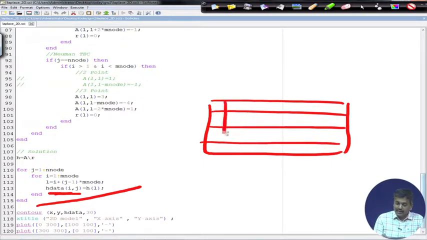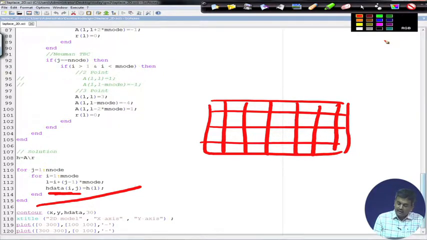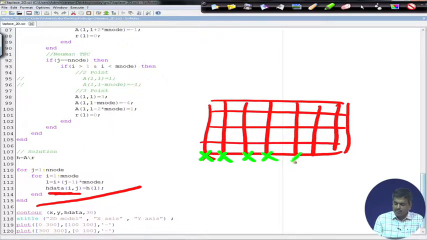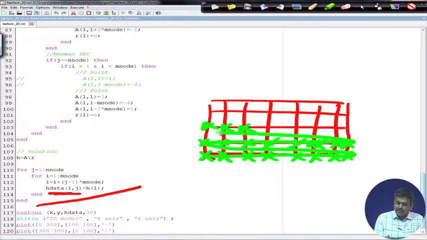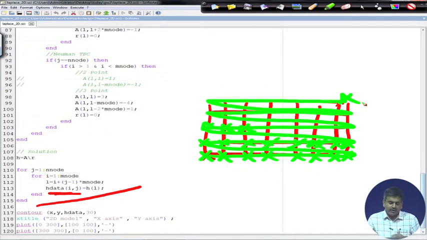Initially we have considered the single index notation and we have got the solution at these points starting from 1, 2, 3, 4, 5, 6, 7, 8, maybe after that this one like this. Now again our movement was like this and we got the solution up to this point. So again we need to transfer it in the 2D format.